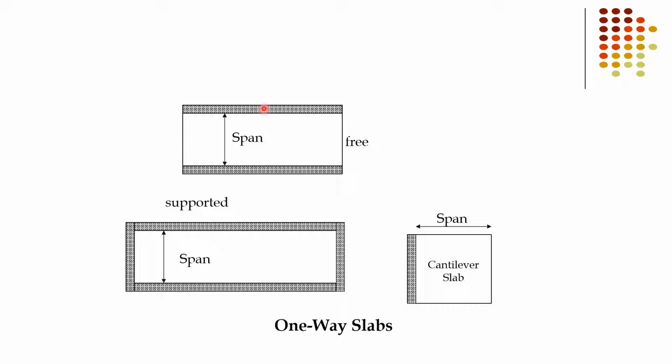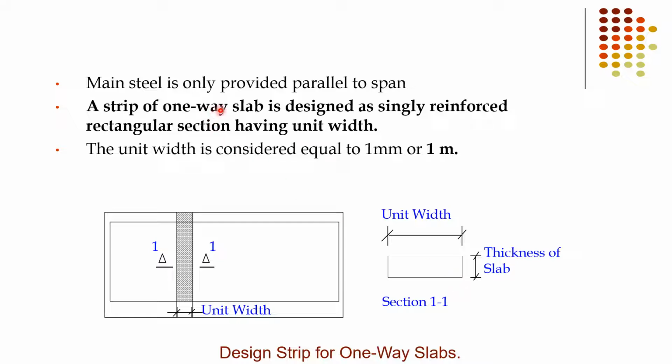The main bar comes under, meaning the bottom reinforcement, and the distribution reinforcement will be in this direction. Similarly, in this slab, the main bars will be in this shorter direction, and the distribution bars will be in this direction. And in the third, the cantilever slab, all the load transfer will be to this support, so the main bars will be to this side and the distribution bars to this side. So main steel is only provided parallel to the span, that is, along the shorter span.